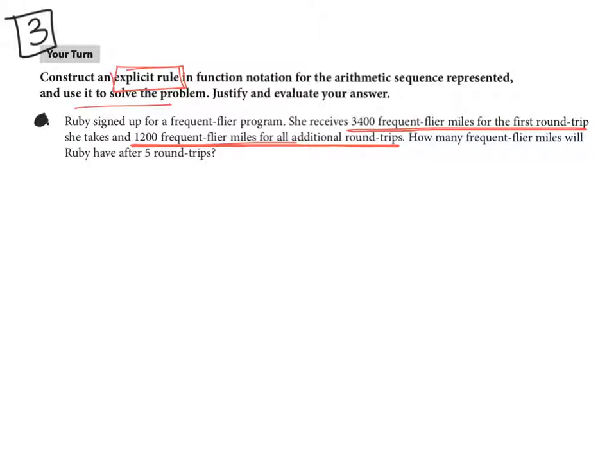So those first 2 pieces of information tell me some important things. If it says for the first round trip, that tells me where I'm starting. That gives me a starting value. And then for all additional, that's telling me my rate. So if I write my explicit, I've got f of n equals, and actually I want to correct something here. This says for the first round trip.